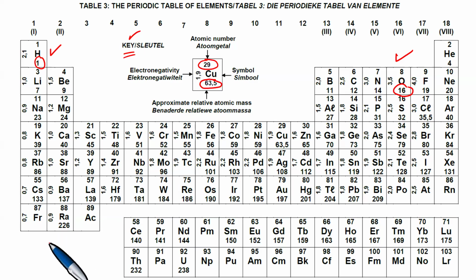You must identify atomic number 14, and it is exactly this one here. This one is called silicon. It has a relative atomic mass of 28. So it's 14 silicon 28.